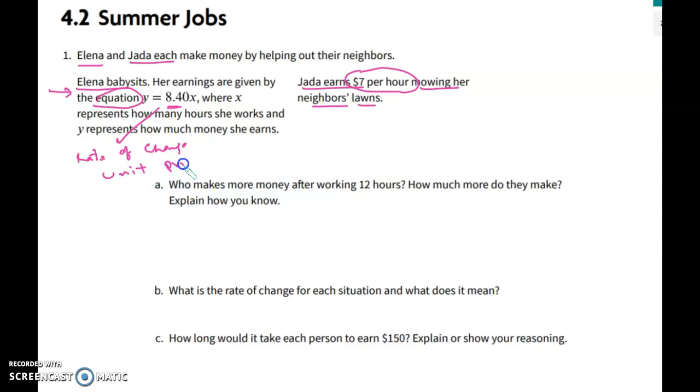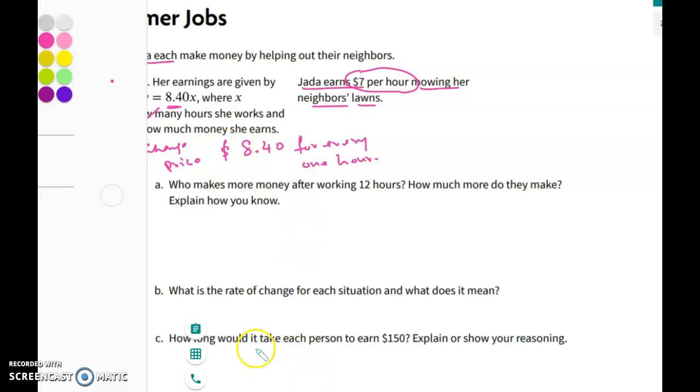So basically in this case, Elena babysits, so that means she gets $8.40 for every 1 hour. According to this, 8.4 is for every 1 hour, or $8.40 for every 1 hour.